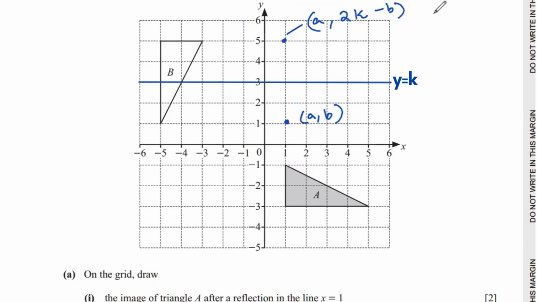For the y coordinate, based on the point I chose, it is twice the line, and then you're subtracting the value of b from it. So you put it in terms of a, b, and k, not just in terms of the point that you've chosen. It's a little tricky, but if we just pick a point, reflect it based on the information given, and then replace those values with a and b, you'll get the right answer.